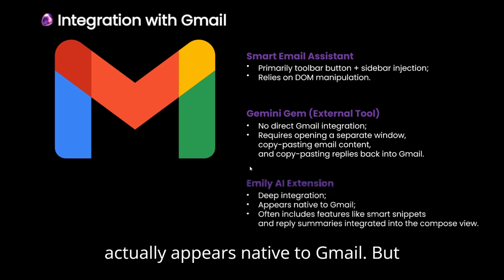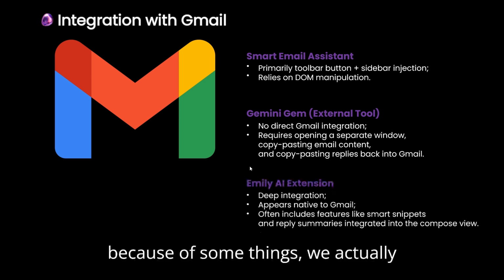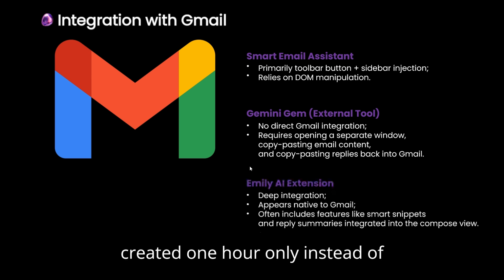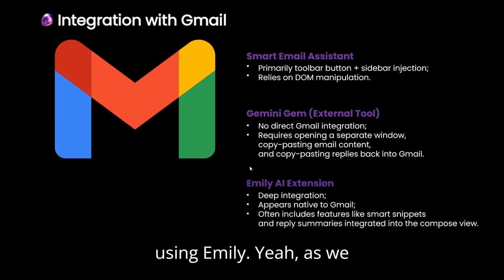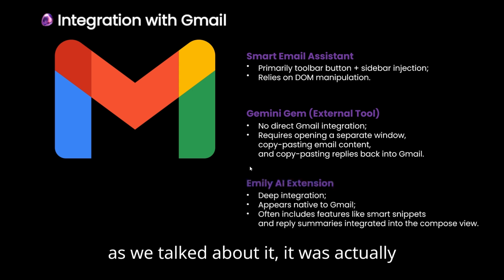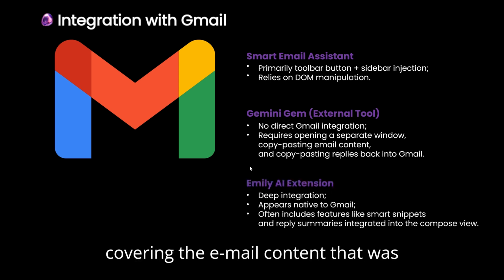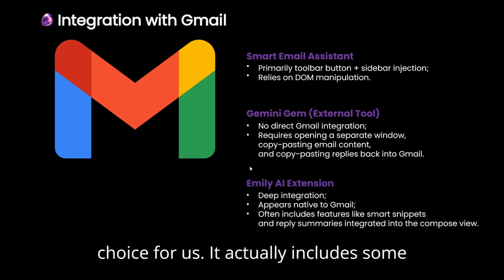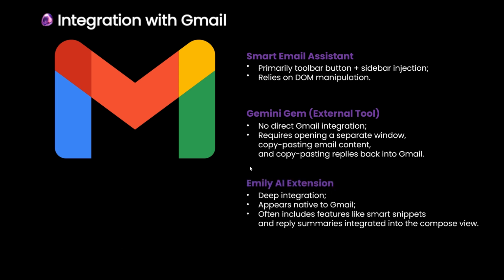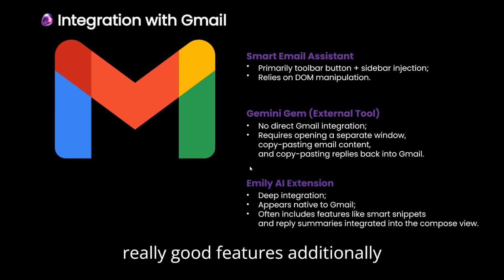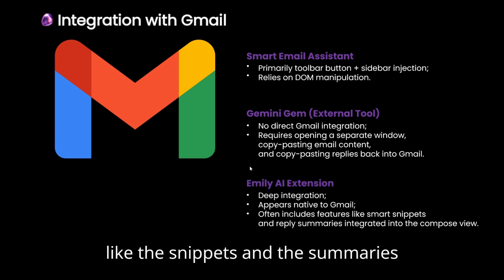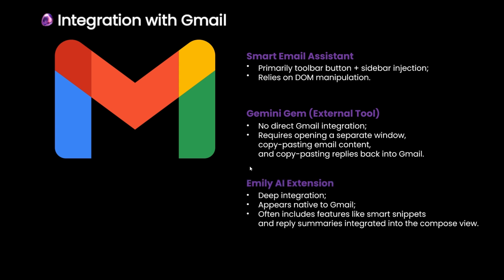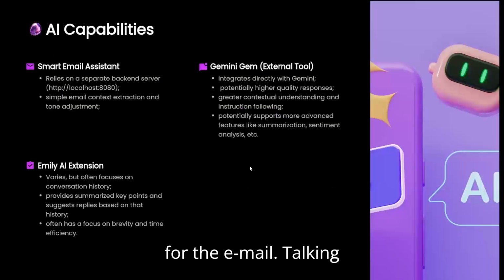So it appears native to Gmail, but because of some things, we created our own instead of using Emily AI. As we talked about it, it was covering the email content that was there, so it is not really a good choice for us. It does include some really good features additionally, like the snippets and the summaries for the email.